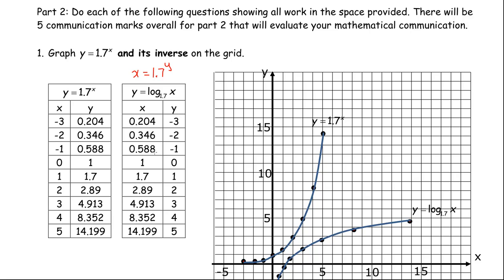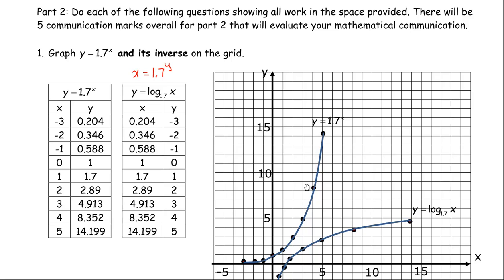So all I've done for the two tables is switch x and y. The -3 to 5 x's become the -3 to 5 y's, and these numbers for y become these numbers for x. If I plot them, like -3, 0.204 would be that point right there, -2, 0.346 is that point, -1, 0.588 is that point, 0, 1 right there, 1, 1.7 about right there.